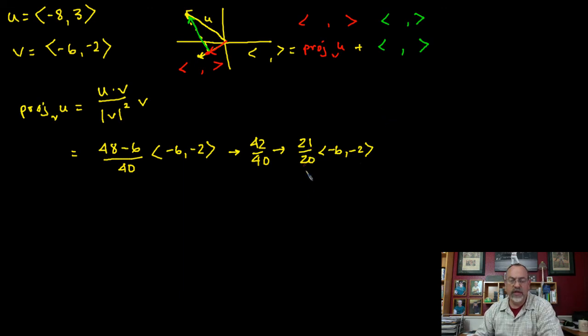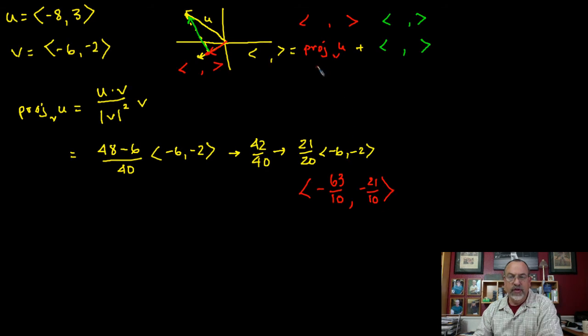So multiplying this scalar for the a component, the 20 and the 6 are both divisible by 2, so that's going to make this a 3, so that's going to be negative 63 over 10. And then multiplying it by this, the 20 and the negative 2 are both divisible by 2, so that's going to give me then a negative 21 over 10. So these would be the components of this vector here.